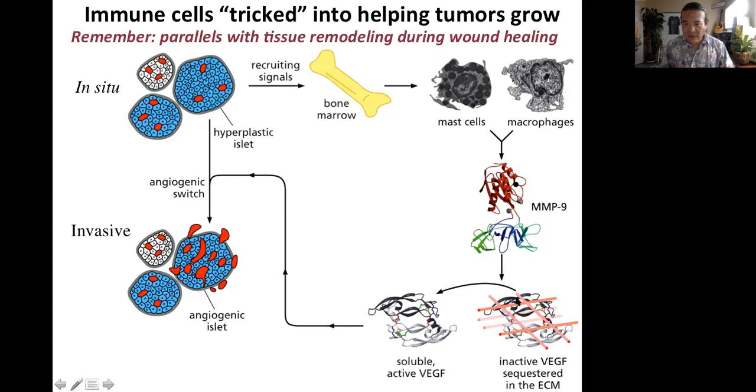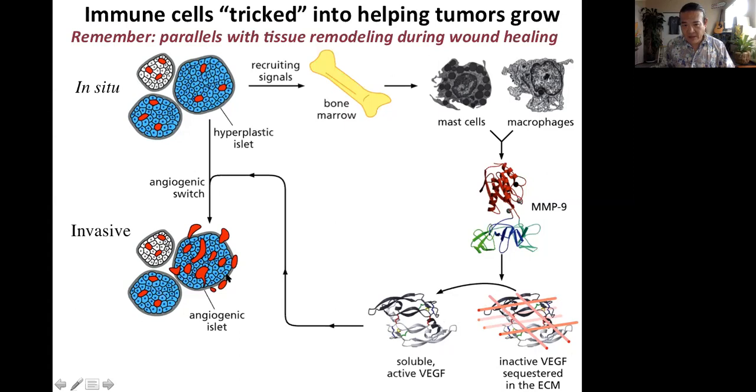So here we have in gray a VEGF molecule that's been stuck in the extracellular matrix, like the basement membrane, because of these pink collagen and laminin fibers. But now the macrophages digest those fibers away, the VEGF molecule is liberated, and that's a big critical part of the angiogenic switch, right?